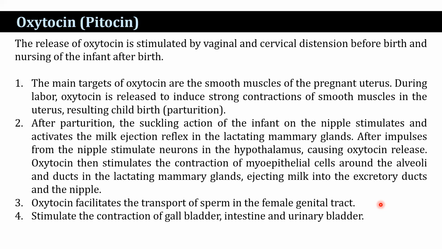Oxytocin then stimulates the contraction of myoepithelial cells around the alveoli and ducts in the lactating mammary glands, ejecting milk into the excretory ducts and the nipple. Oxytocin facilitates the transport of sperm in the female genital tract. Oxytocin stimulates the contraction of the gallbladder, intestine, and urinary bladder.